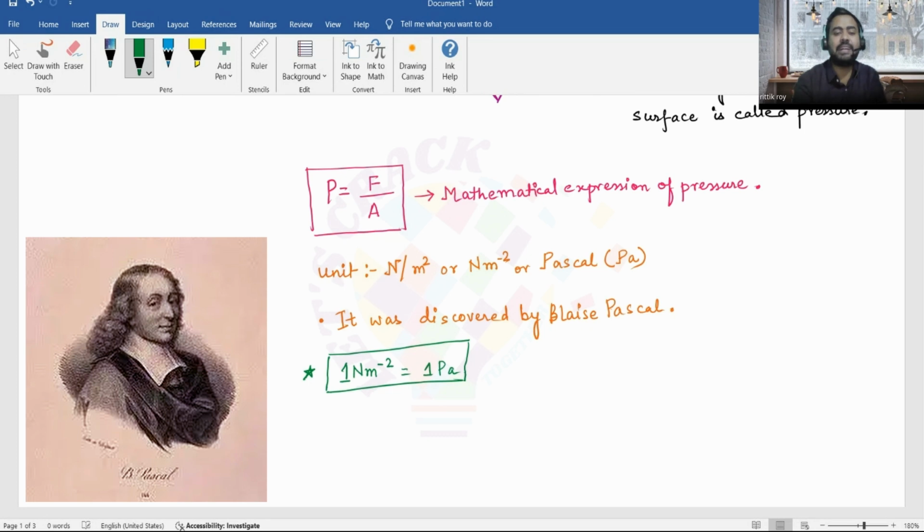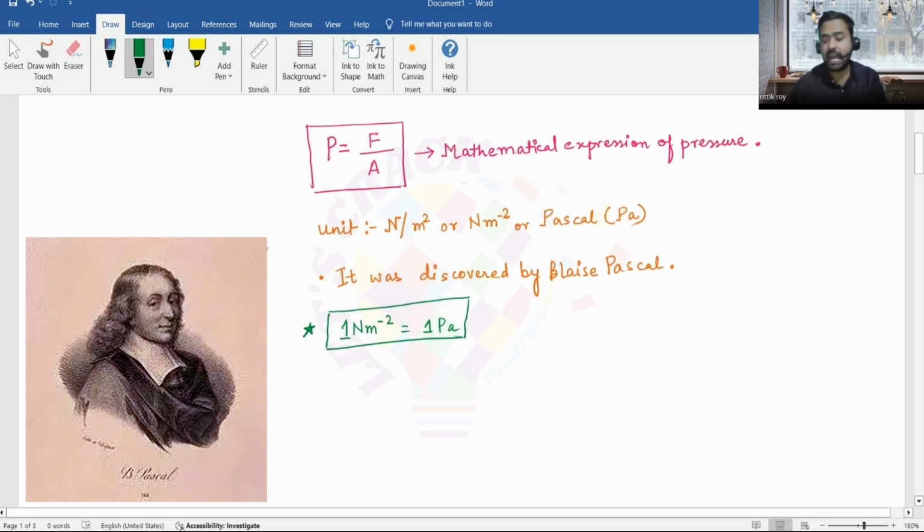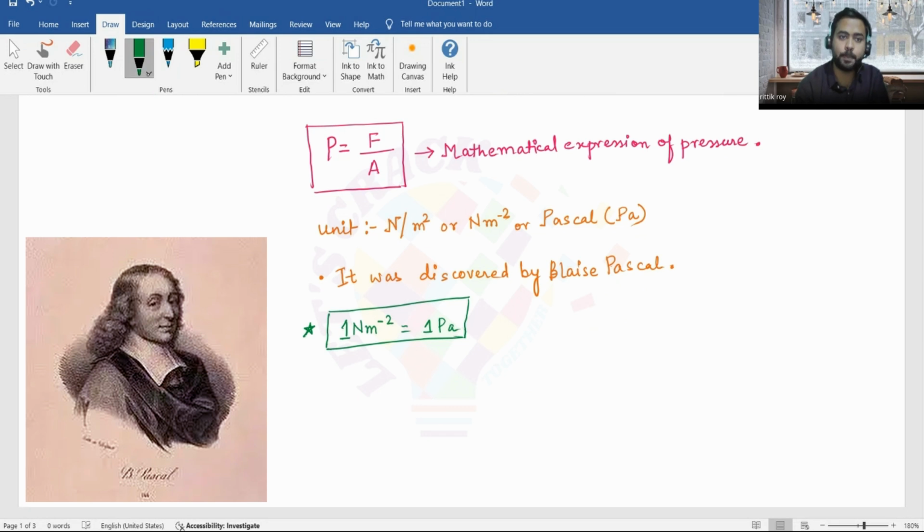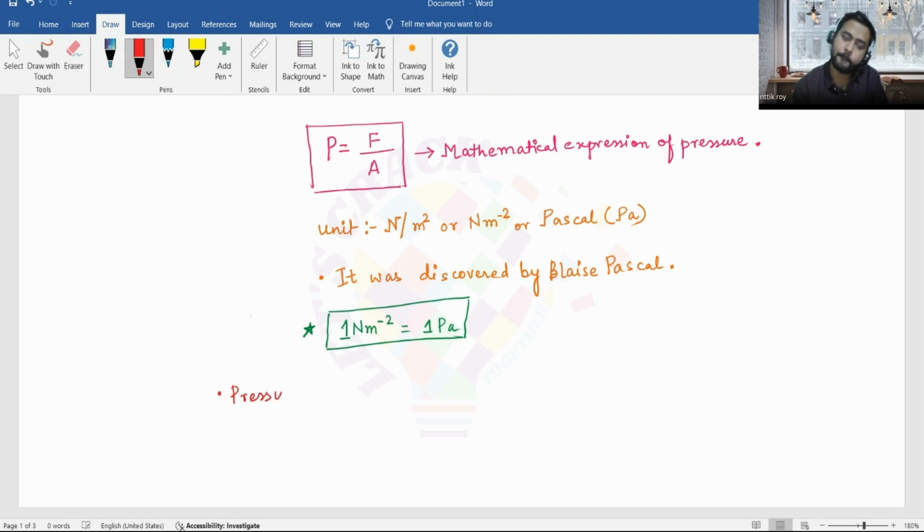Now the question that we have to remember is, what are the factors on which pressure depends? Pressure depends on, number one, as you can see, P is equal to F by A, thrust.